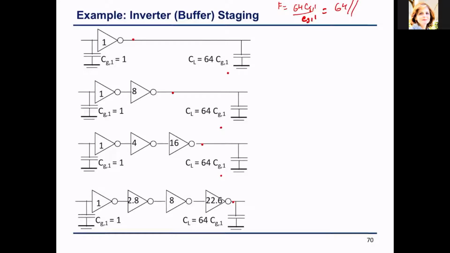Okay, let me ask you a question. If we apply the previous formula where we say little f is equal to big F to the 1 over n, إذا اعتبرنا ال f تقريبا 4 وقلنا هيدي هي 64 to the 1 over n.